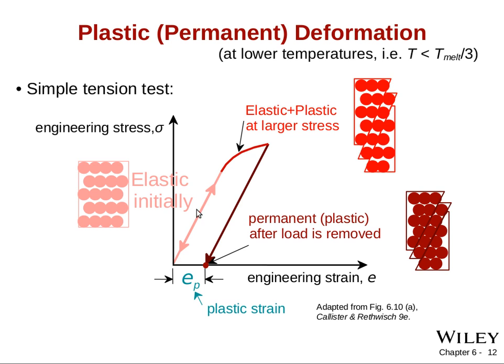If you push your spring too far, it's going to deform, and then when you release it, it's not going to take its original shape again. If you go beyond the linear elastic region, though, you get into this plastic deformation region. You release it, you come back, and you have a permanent plastic strain. And like I said before, it's because of crystal planes slipping.